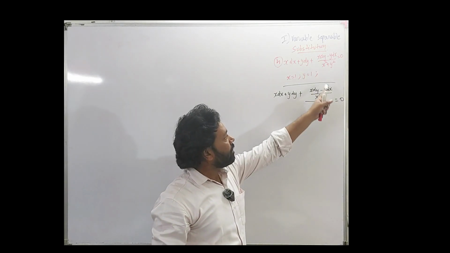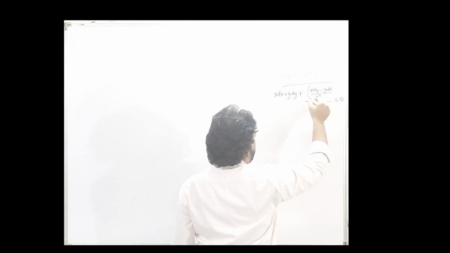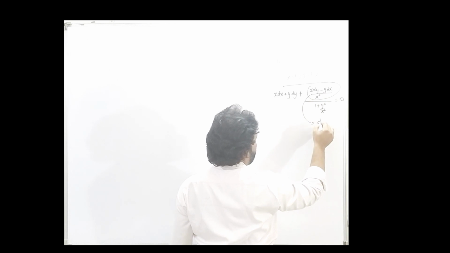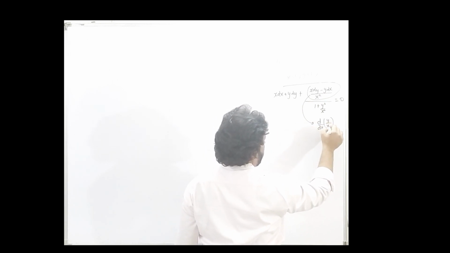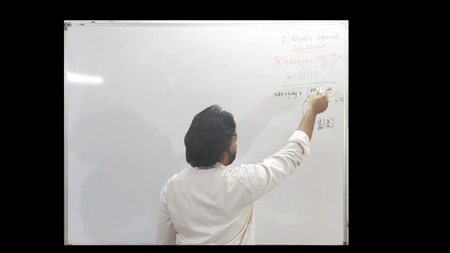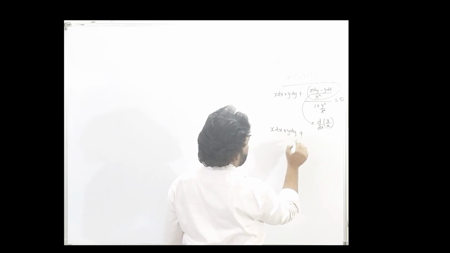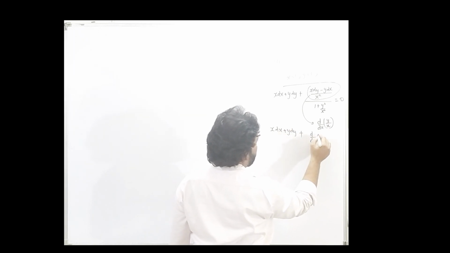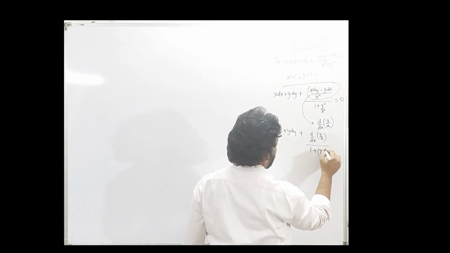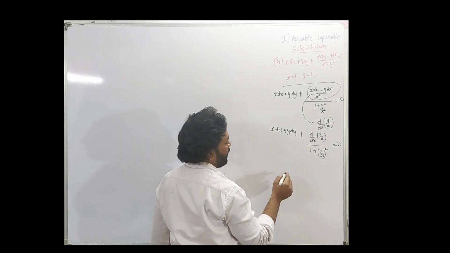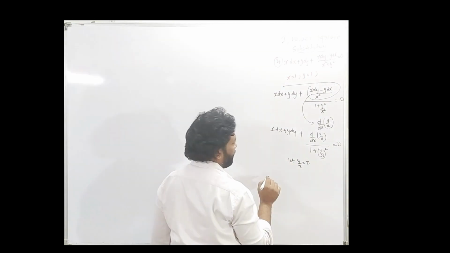So here this part, if you inspect, it is nothing but the differentiation d by dx of y by x. So let's substitute this over here. So the equation becomes plus d by dx of y by x upon 1 plus y by x whole square. Now further we can substitute that, let y by x be equal to z.